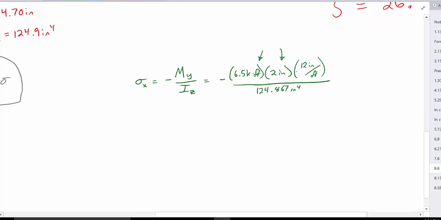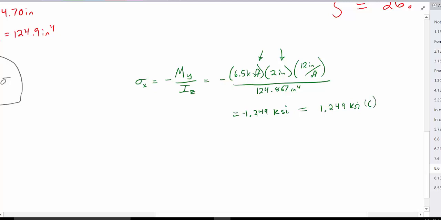So we'll end up with kip inches squared divided by inches to the fourth, which will end up with kips per square inch, right? Running through the math on this, you should get negative 1.249 kips per square inch. And the negative indicates that we are in compression, so 1.249 kips per square inch in compression.